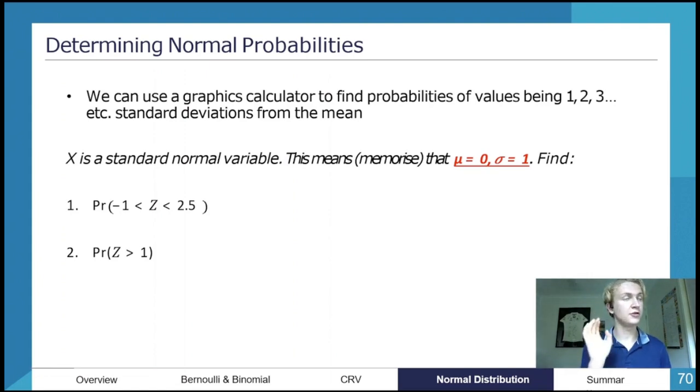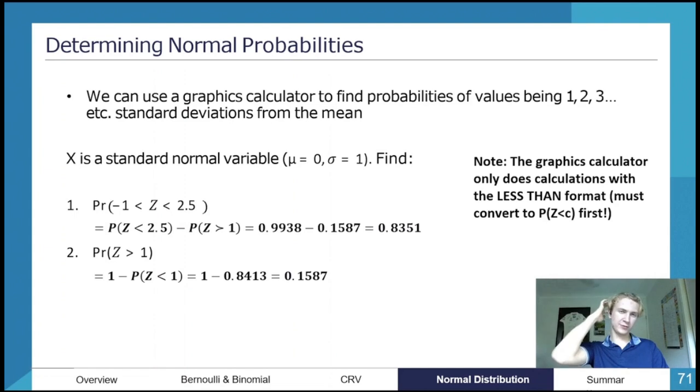So if you hear standard normal variable, think mean equals 0, standard deviation equals 1. And we can then use z values to determine the probability that it's between -1 and 2.5, or that z is greater than 1.